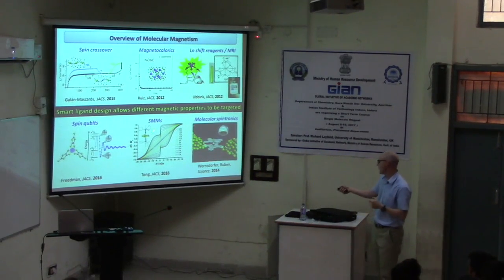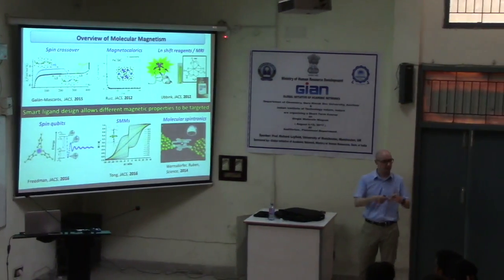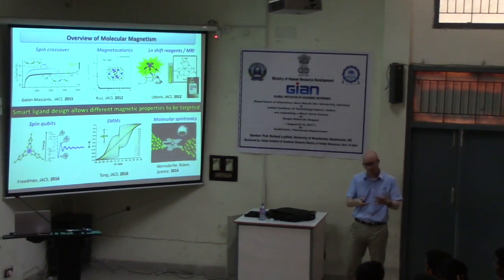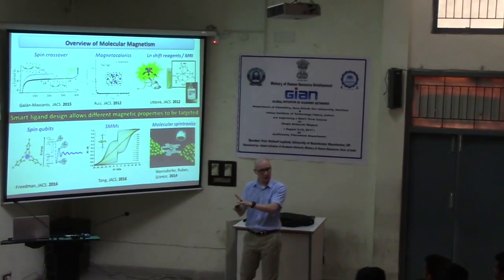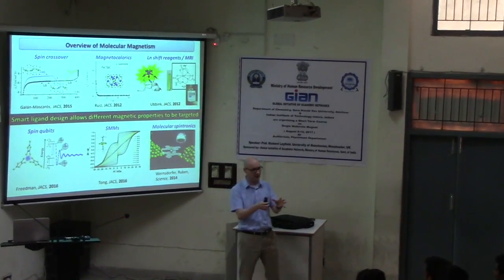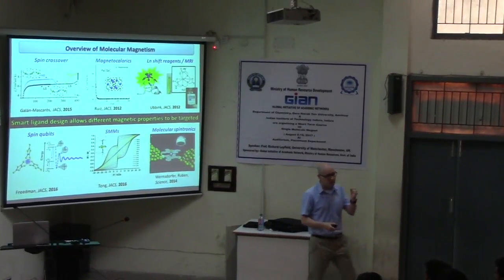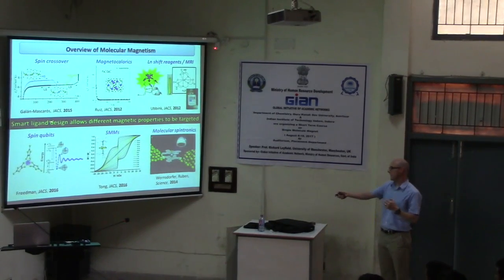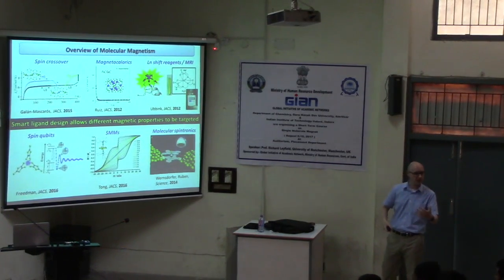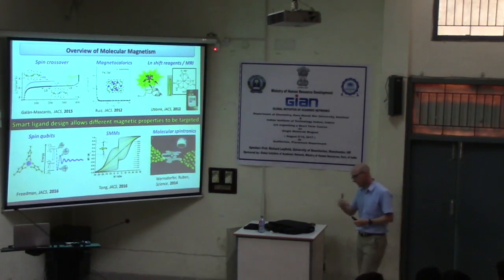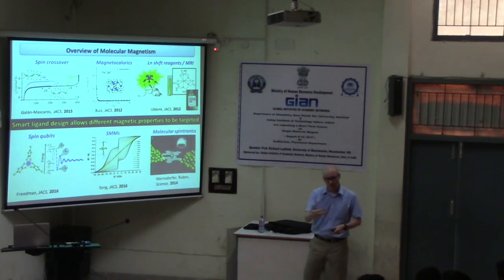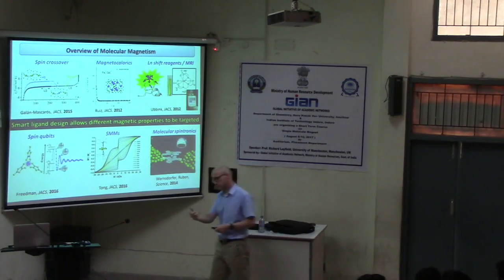And again, the way that you dial up the different property is to use a different type of ligand environment. So these are some specific examples which, taken together, highlight a number of general principles, which really boils down to the fact that ligand design is the key in this area. Okay? Smart ligand design allows different magnetic properties to be targeted. And this is where coordination chemistry really starts to grow in importance.